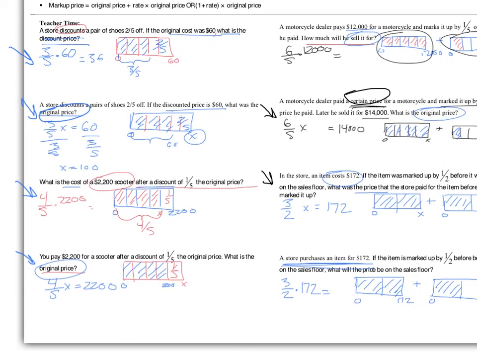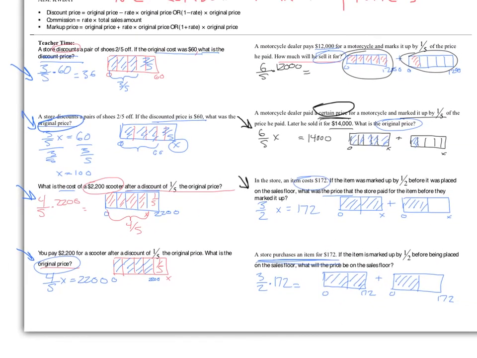Also, we can notice the difference between the markups and the discounts, thinking about what they look like in terms of their diagrams. When there's a markup, you notice that we always have 2 parts at the very least. There could be 3 or 4 if they mark it up by more than 1 whole. And on the discount problems, we just have the 1 because we're taking 1 whole and we're breaking it down, not adding to it.